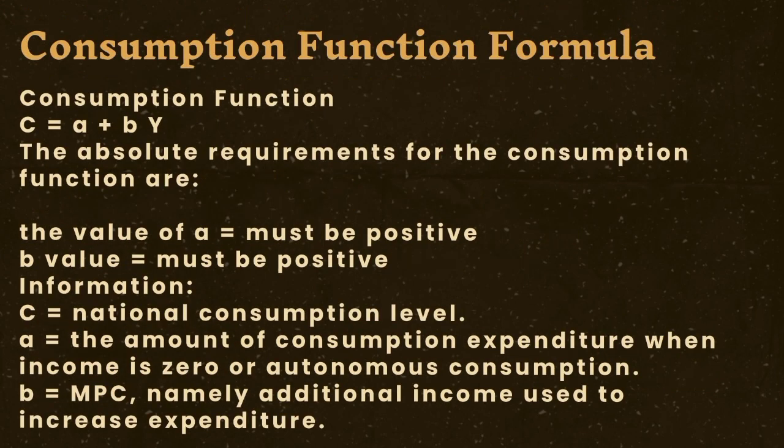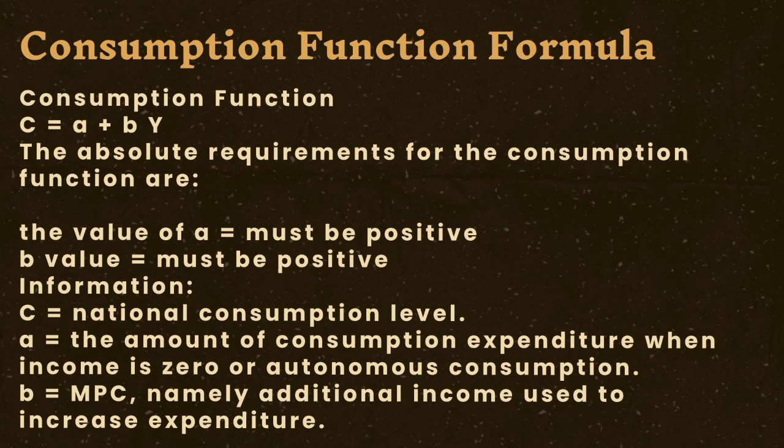And the third is consumption function formula. Consumption function is C = A + B times Y. The absolute requirements for the consumption function are: the value of A must be positive. The value of B must be positive.